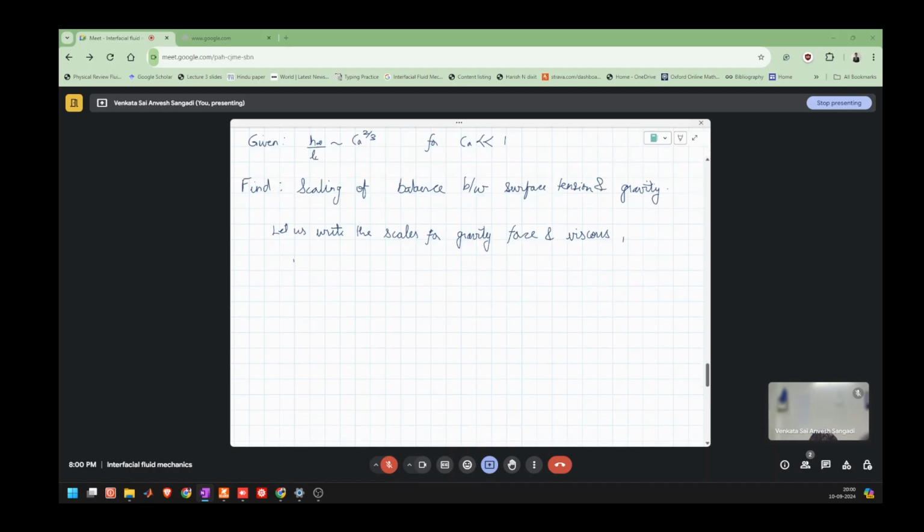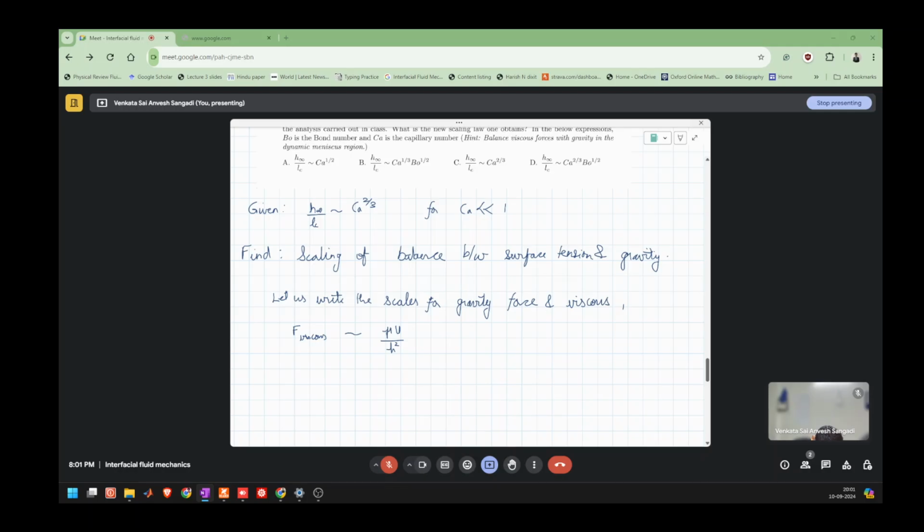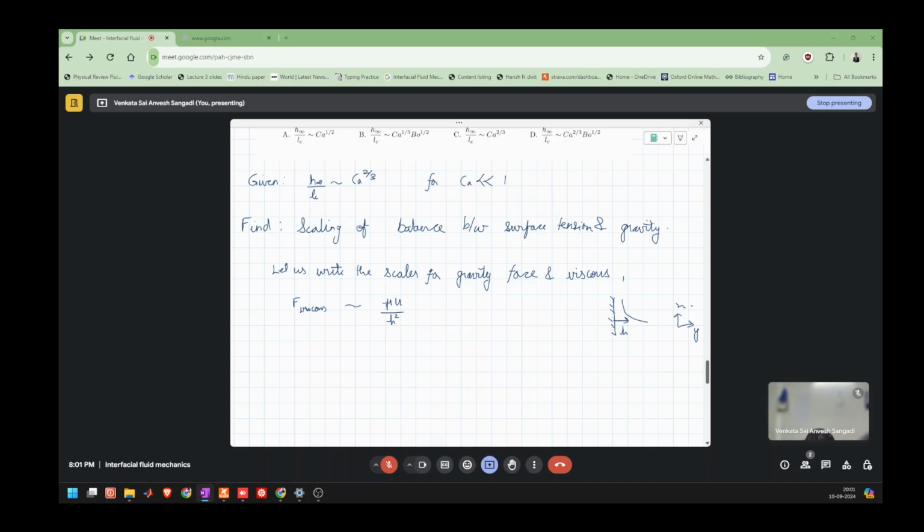So first we'll look at the viscous force, which scales as mu u by h square, where h is the height, and the force of gravity, rho g.